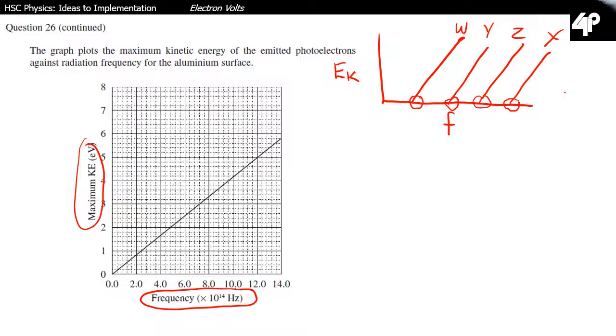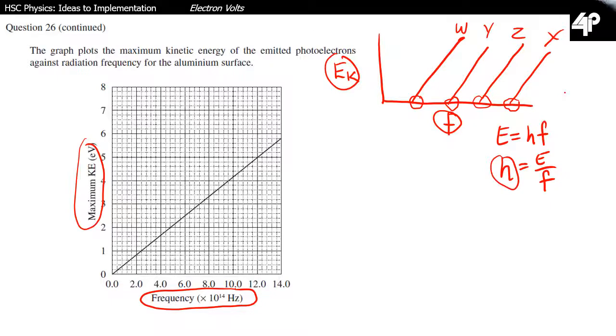Now, you'll also see that E is equal to hf. So if I take H equal to E on f, rise over run, you'll see that you get a gradient of h, which is the Planck constant.